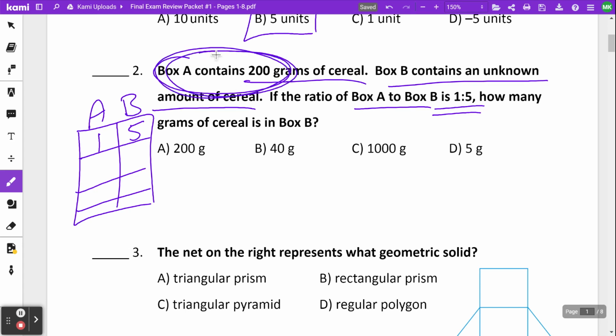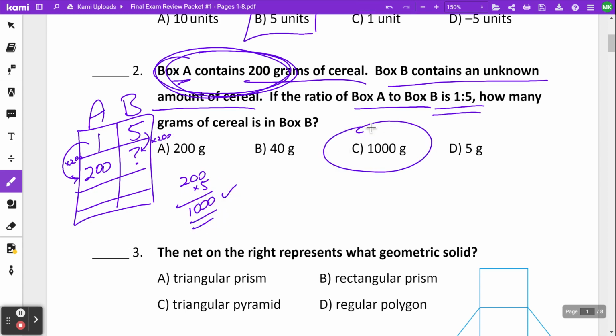Now be careful where you put the 200. It's with box A. So it goes right over there. And I'm looking for this value. Well, I noticed that to get from 1 to 200, I can multiply by 200. So I'm going to do exactly the same thing. 200 times 5 is 1,000. There you go. Choice C.